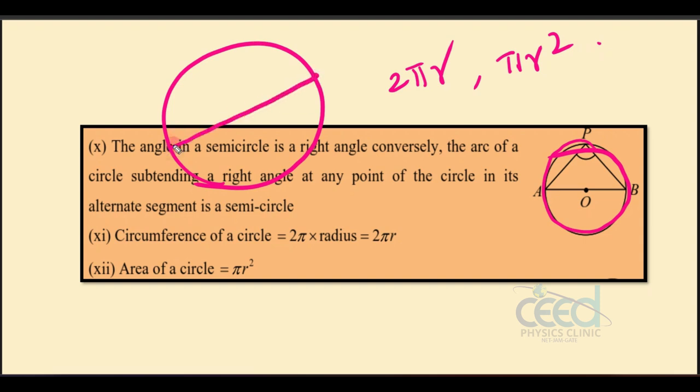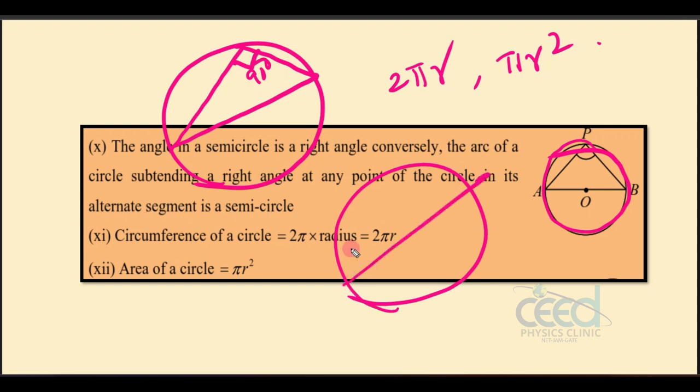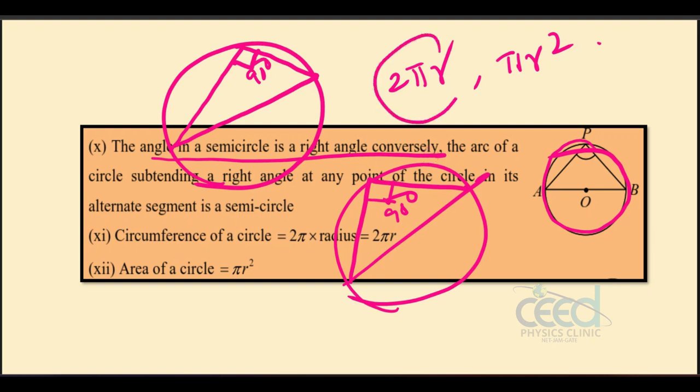In a semicircle, whatever angle you enclose is 90 degrees. Another semicircle you draw like this, this also gives 90 degrees. The angle in a semicircle is a right angle, that is also very important. And the perimeter, the length of the circle, is always 2 pi r and the area is pi r square.